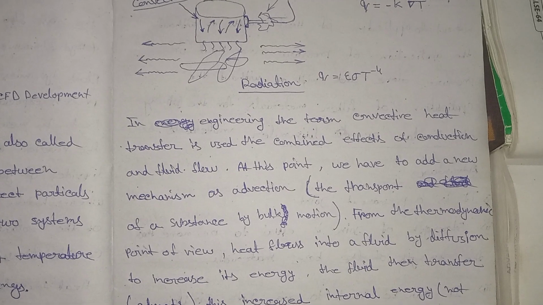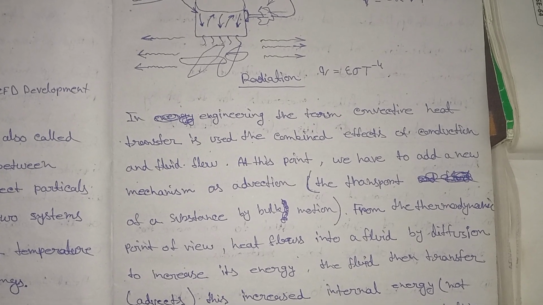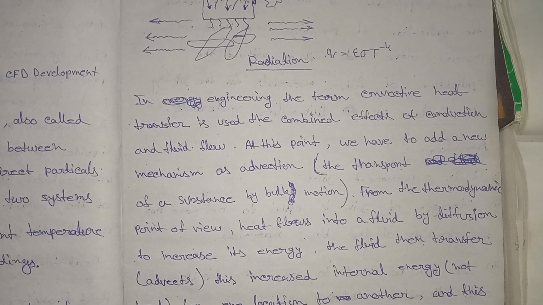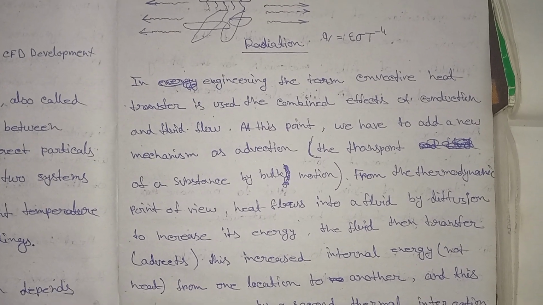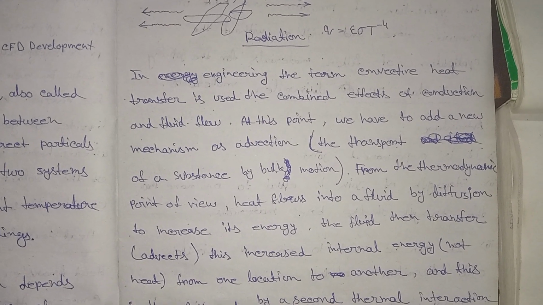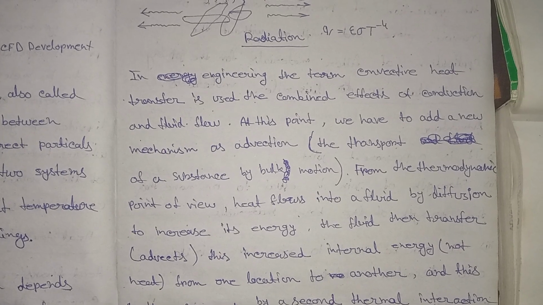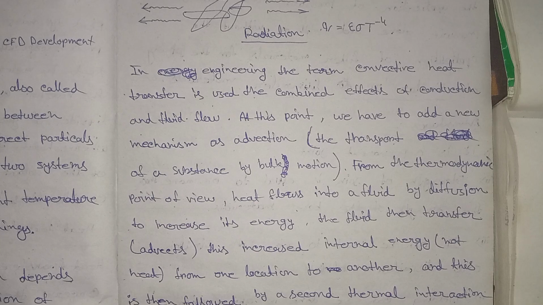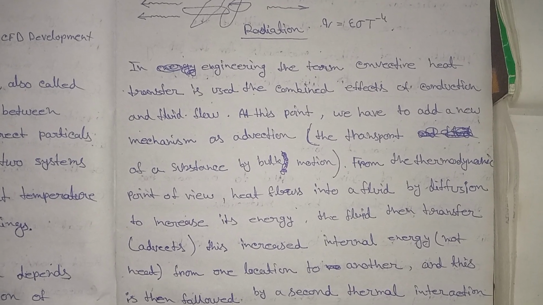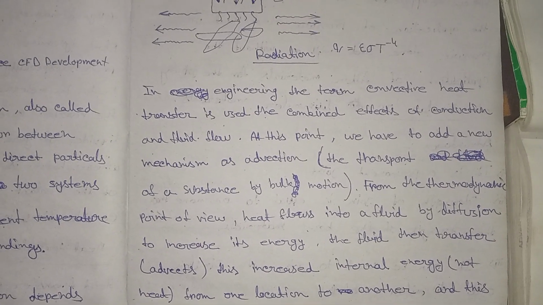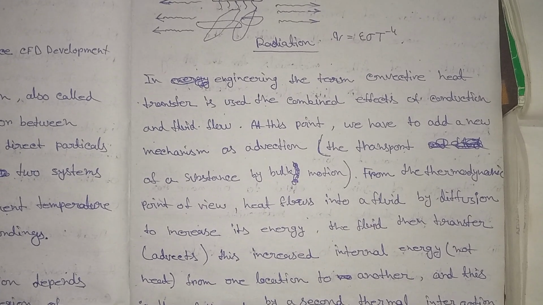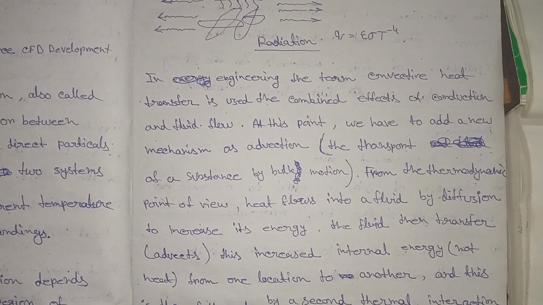In engineering, the term convective heat transfer is used for the combined effects of conduction and fluid flow. At this point we have to add a new mechanism, advection, the transport of a substance by bulk motion. From the thermodynamic point of view, heat flows into a fluid by diffusion to increase its energy.